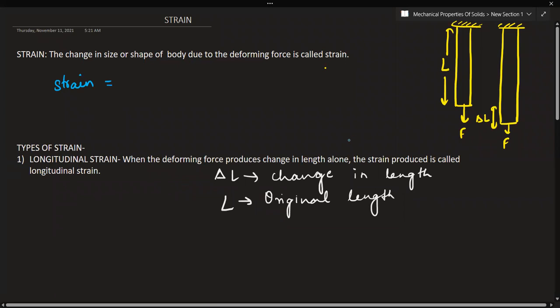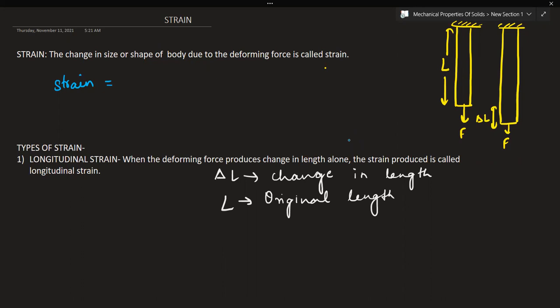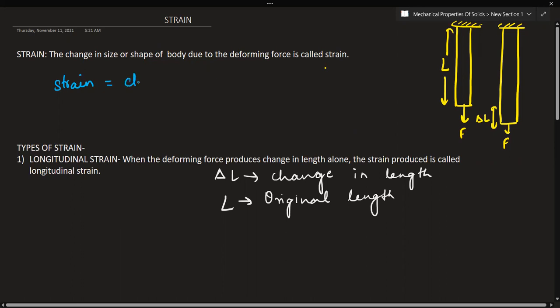Dimension means the change in length, the change in volume, the change in shape. It can be any deformation which we have seen.